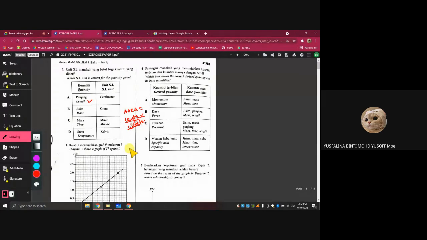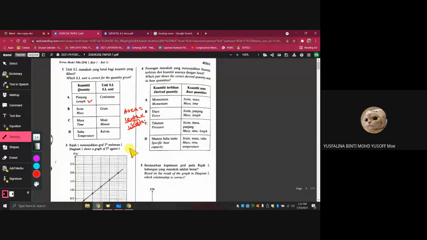Yeah, intensity. The light intensity is in candela. You already know amount of substance is in mole. Another one, electric current, is in ampere. That's the only 7 base quantities.